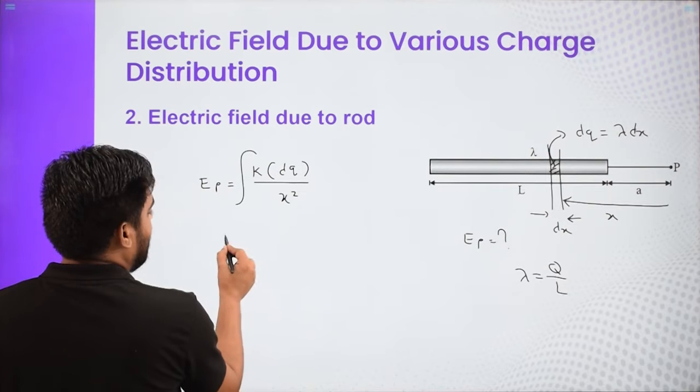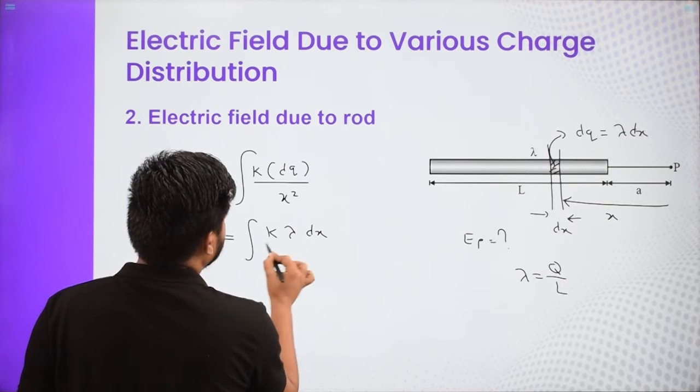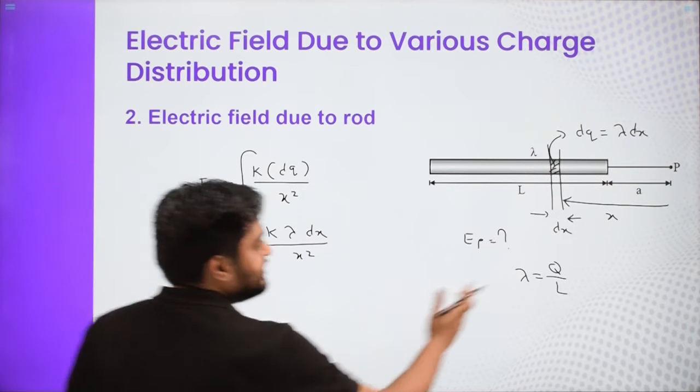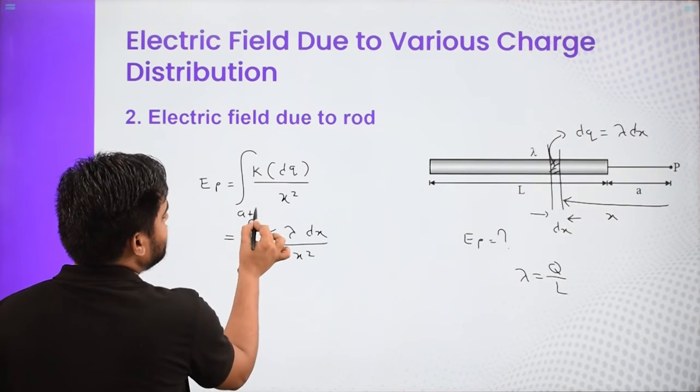And now I'm just putting the value of dq. So lambda dx divided by x square, and limit on x is changing all the way from a to a plus L, so the entire rod will be covered. So this is the limit.